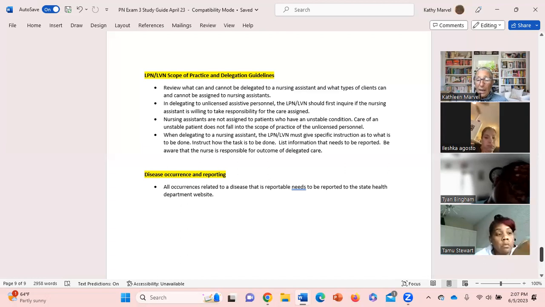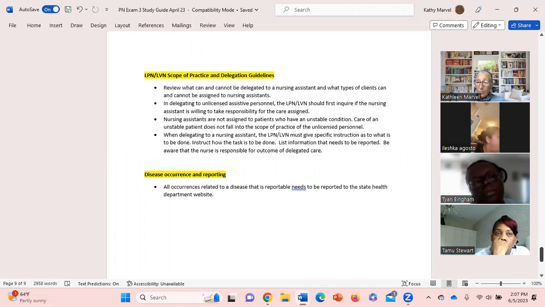Right. So when you're delegating to an unlicensed assistive personnel, you have to inquire if the nursing assistant is willing to take the responsibility. You guys should know that, right? Wouldn't it also be if they know how to do the task that you're assigning, if they know what they're doing and how to properly do it?